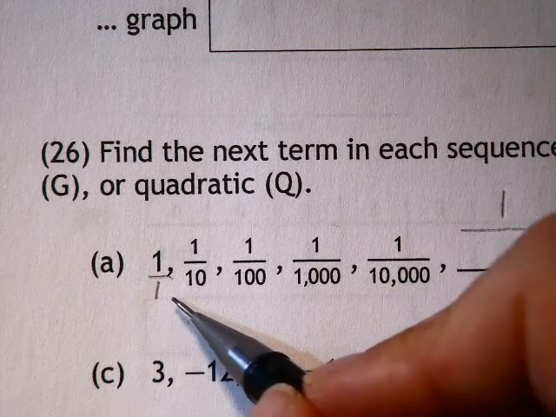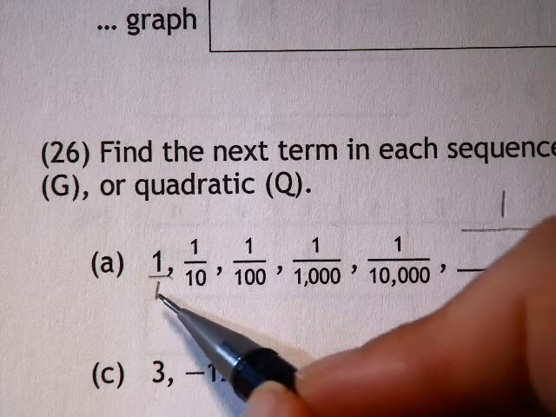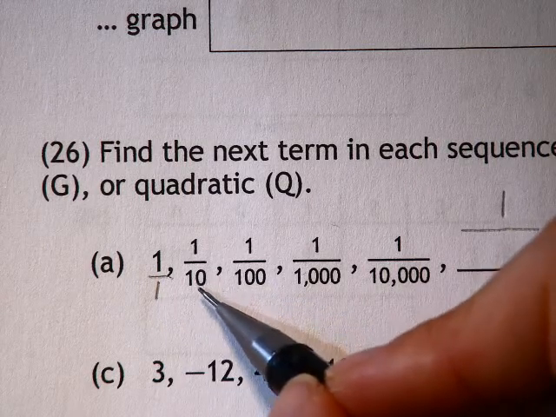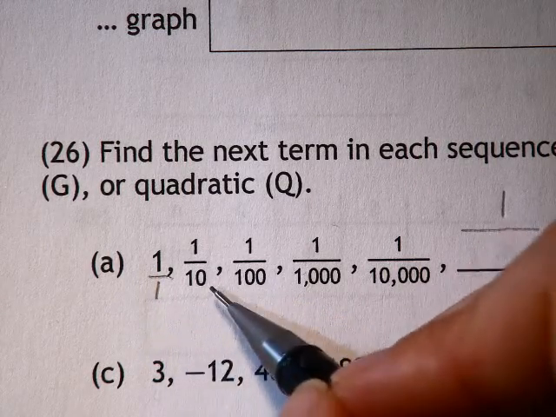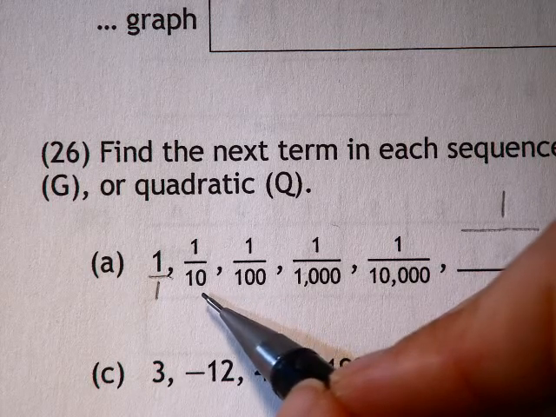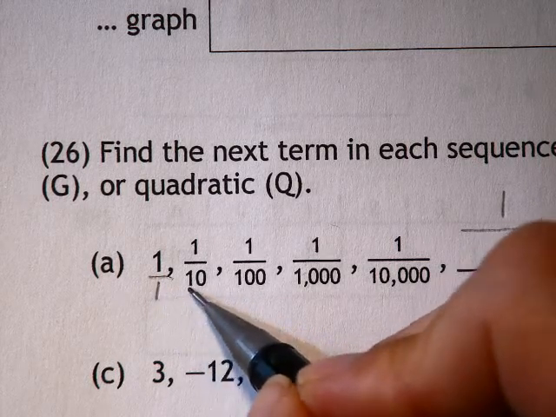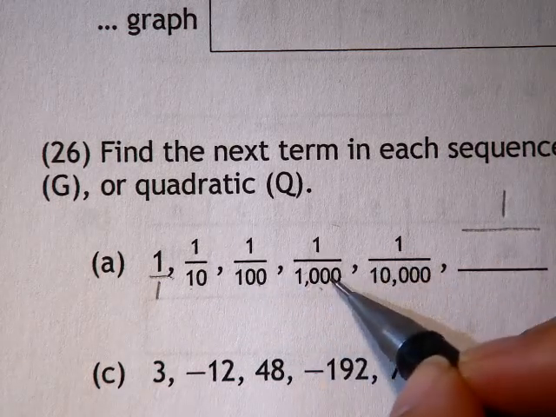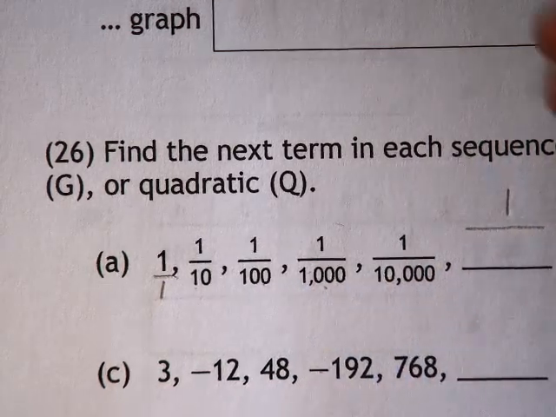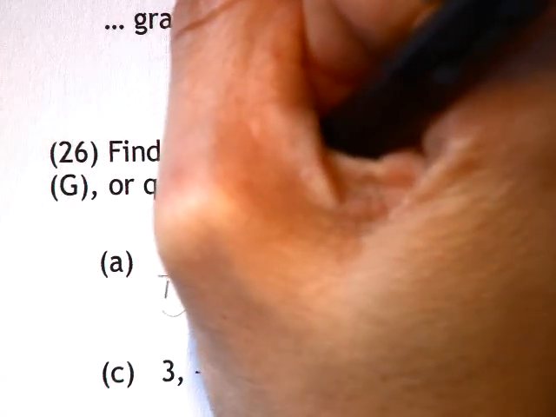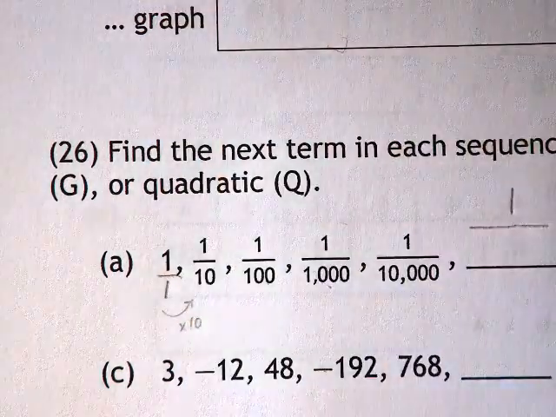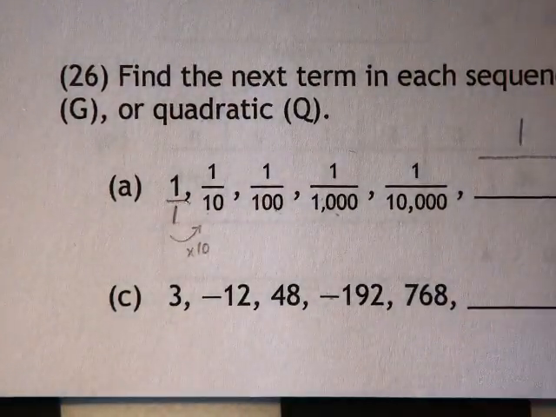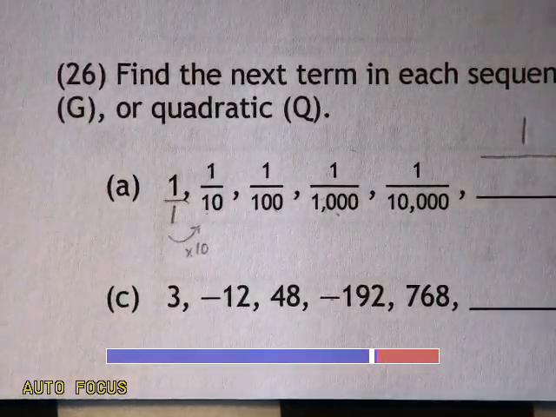Adding 9 falls apart: 1 plus 9 is 10, but 10 plus 9 is not 100. So multiplying by 10 is the logical choice. 1 times 10 is 10. 10 times 10 is 100. 100 times 10 is 1,000. 1,000 times 10 is 10,000. So multiplying by 10 is definitely the pattern generator.